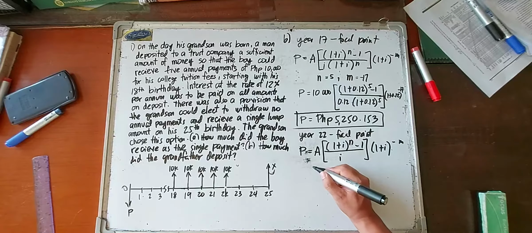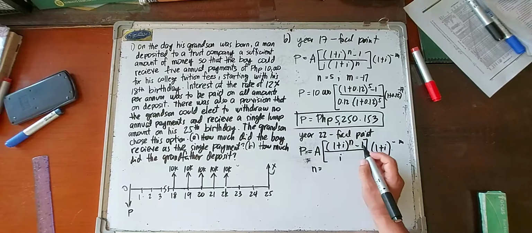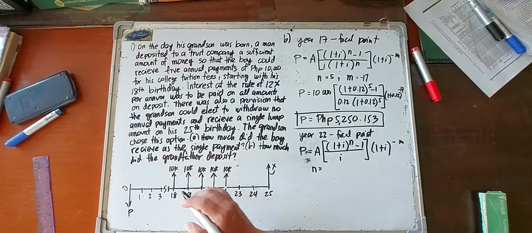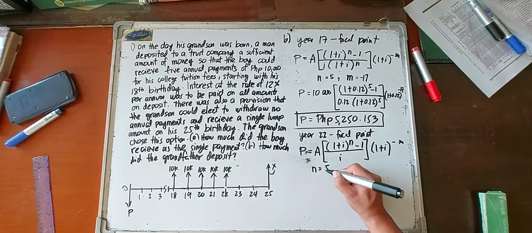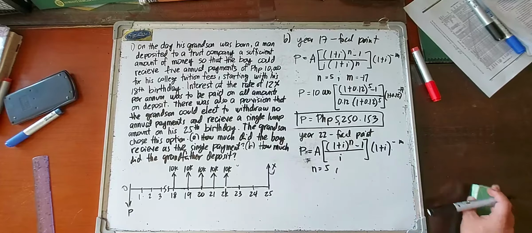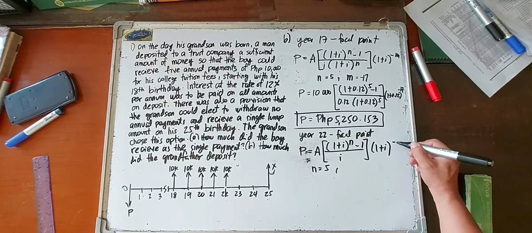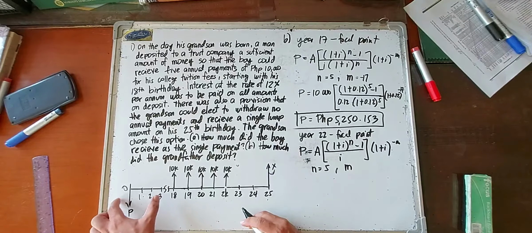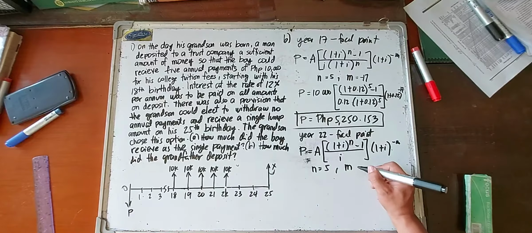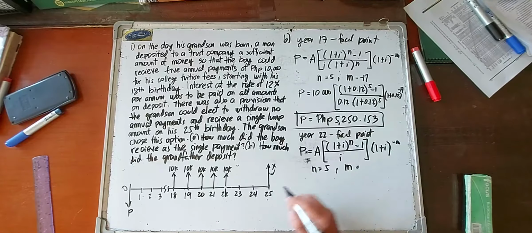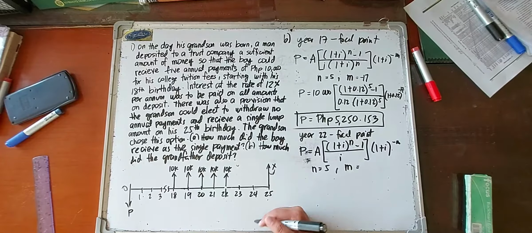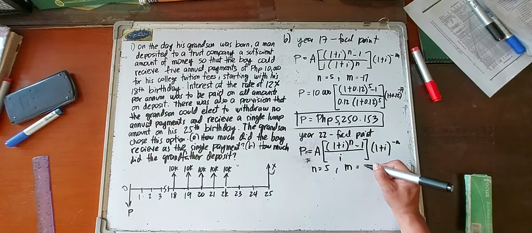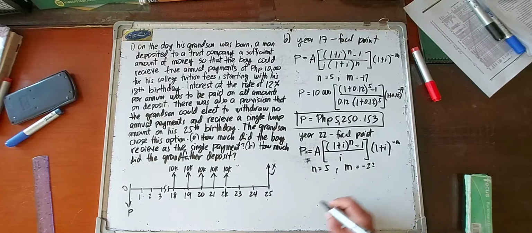So in this case n is still 5 years kasi 5 years naman yung periodic payments natin, but mag-iiba yung value ng m natin. So kanina year 17 yung value ng m. In this case since year 22 yung ating focal point, then m is 22, negative 22 no? Since we're solving for the present worth.